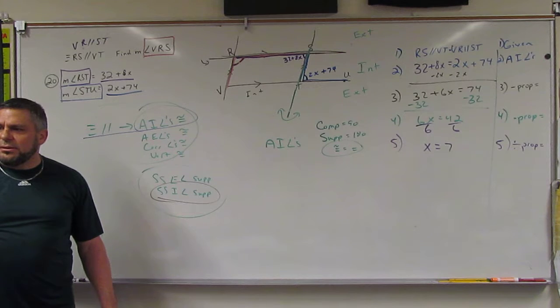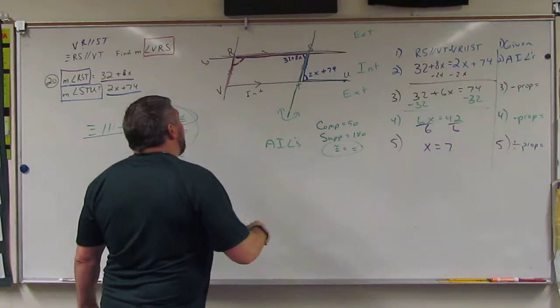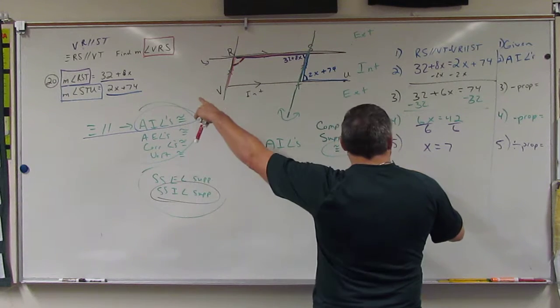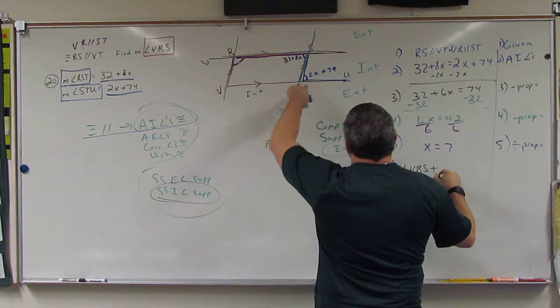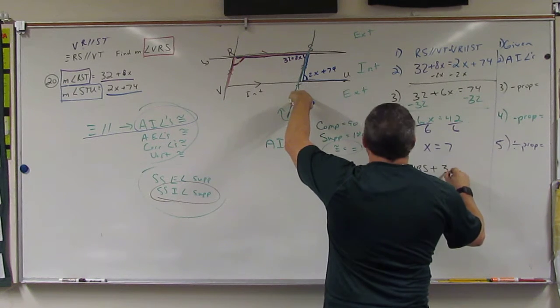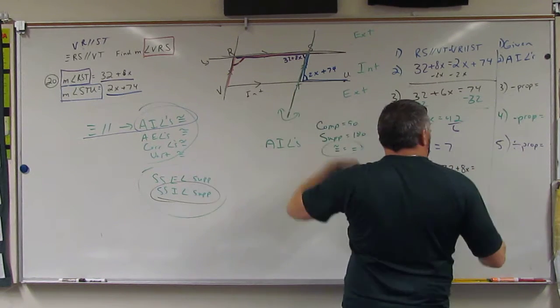Well, if these are supplementary, right? Then what does that mean? They're 180. Yes. So that means that angle PRS plus 32 plus 8x is equal to what?